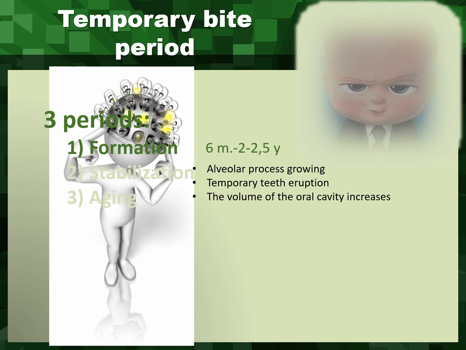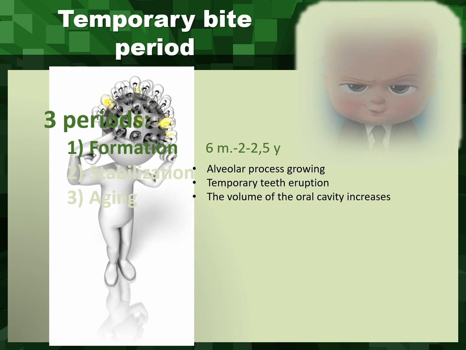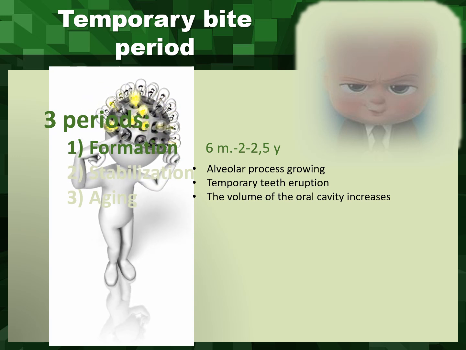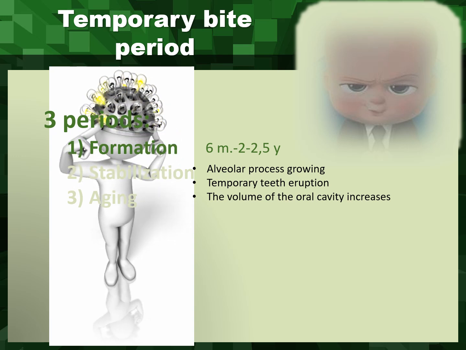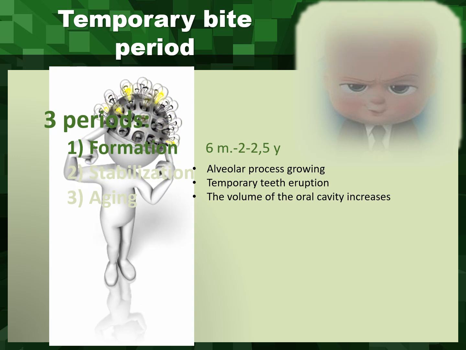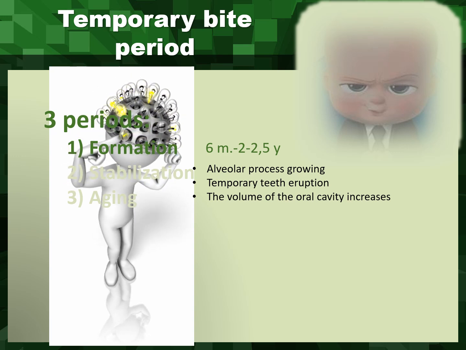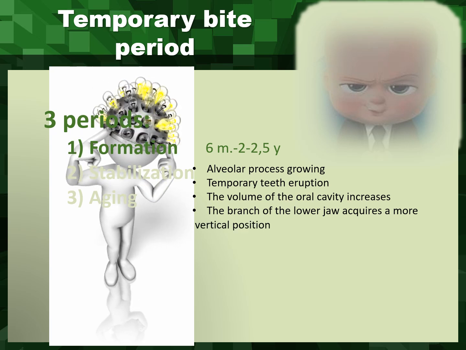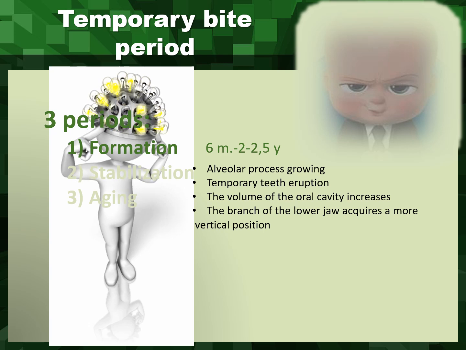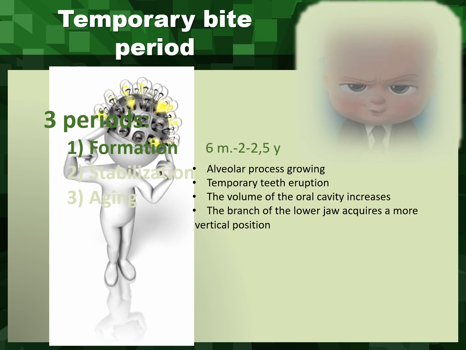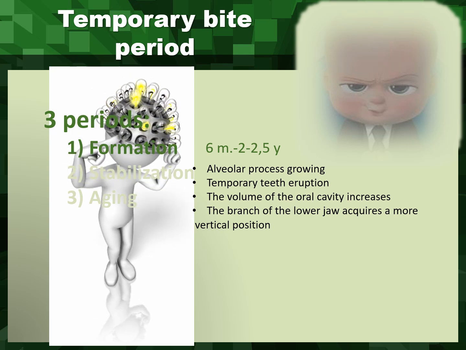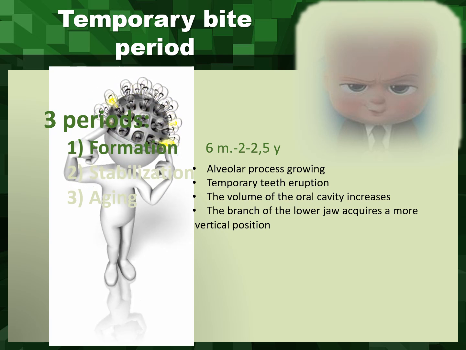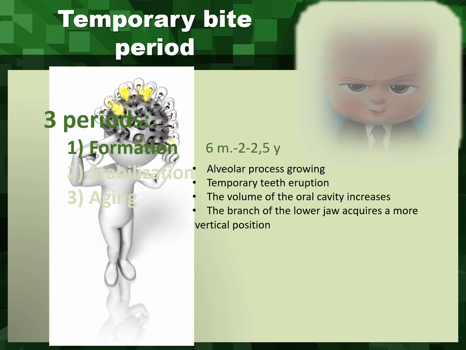The volume of the oral cavity increases because teeth are erupted, and the height of the bite is increased too. The branch of the lower jaw acquires a more vertical position. Instead, in newborns, the branch of the lower jaw has a more horizontal position.